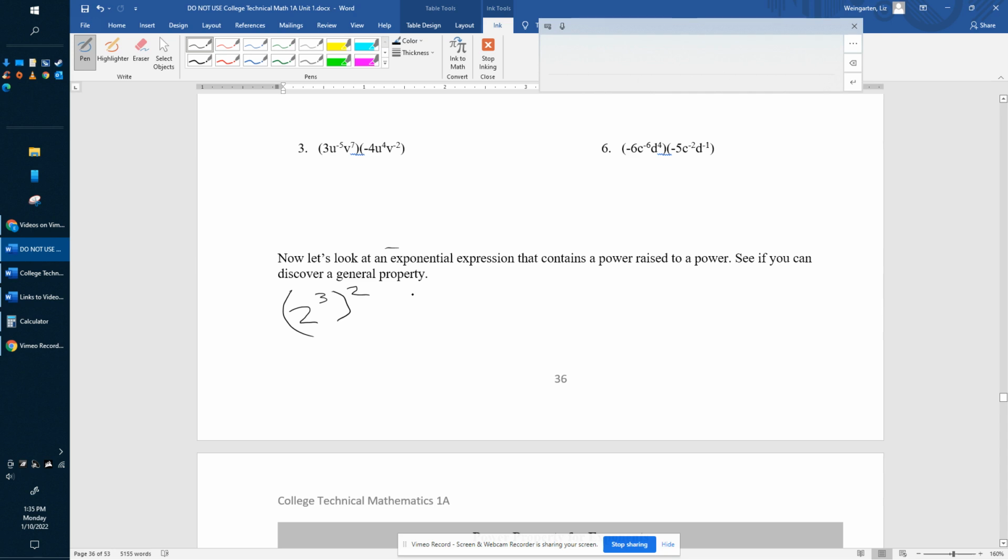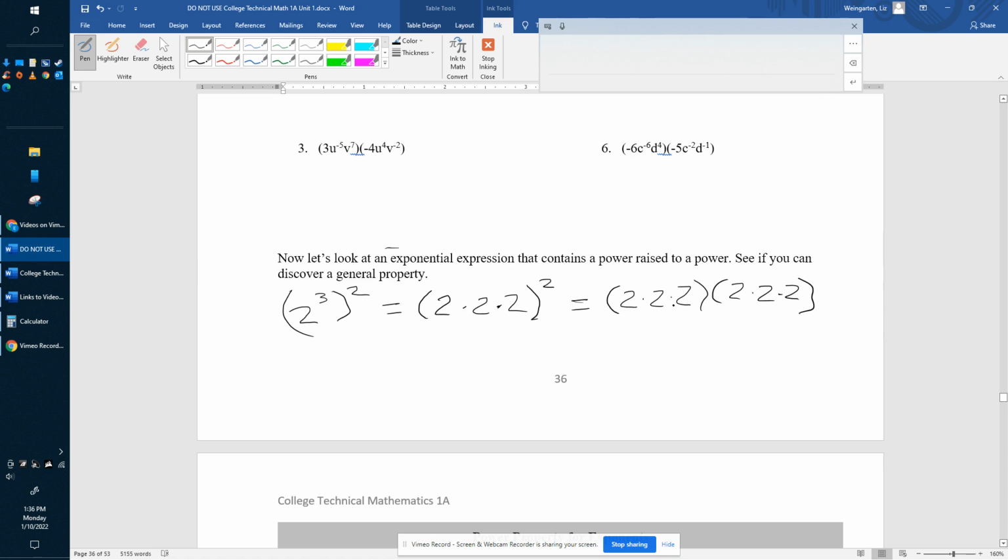Well, we have 2 times 2 times 2 squared. What does that mean? Well, that means that we have 2 times 2 times 2 times 2 times 2 times 2, right? Because that's what squared means. We multiply the same thing together twice.